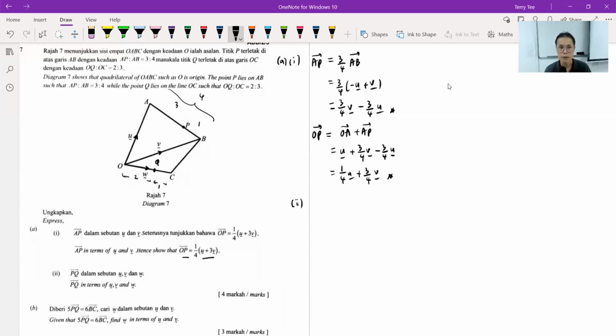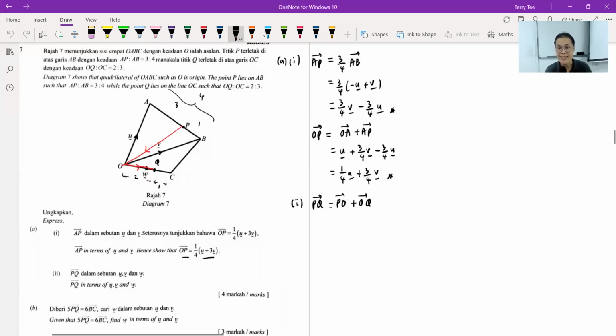Next one, how do I find PQ? Well, to go from P to Q, we can go P to A to O to Q. Or maybe we can just use this method, P to O to Q. Yeah, we go P to O directly since we already know OP, right? This is P to O. Then we go O to Q. We know OP, right?